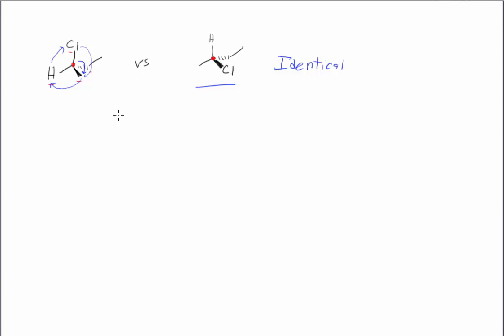Another way to see this is to assign R and S configuration. Most of the time, I hope you're catching on, one of the possible ways of solving these problems is to always assign R and S. And so let's think about that. And we'll notice here that the hydrogen, in this case, is in the plane of the page, as is this hydrogen. So we either need to redraw these or envision them like a Newman projection. We can envision them like a Newman projection looking down that bond.